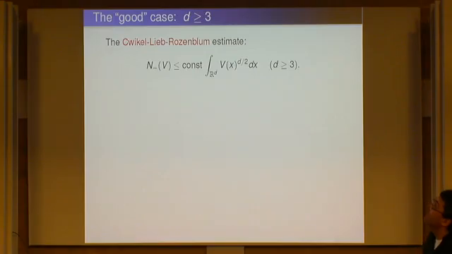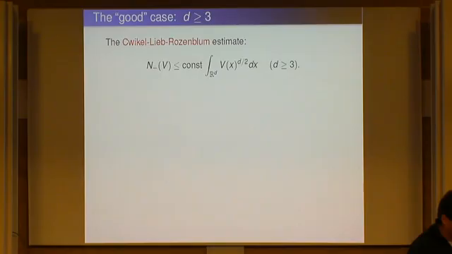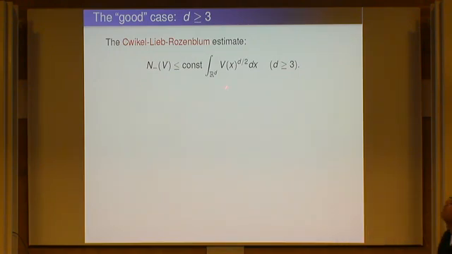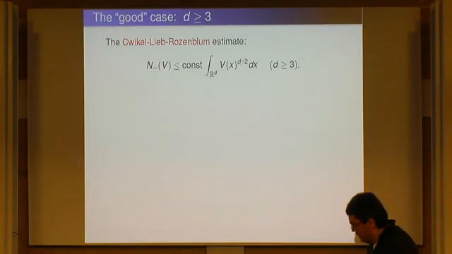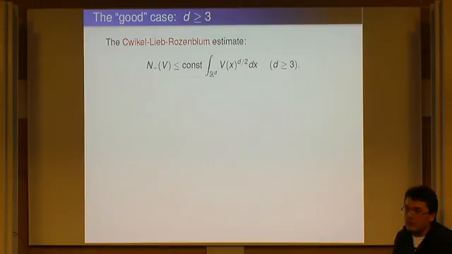So the well-known, well-understood case is where the underlying space is at least three-dimensional, where you have this famous estimate. The authors here are given in alphabetical order rather than in historical order. This is a very beautiful estimate, and it is natural, correct, and good.